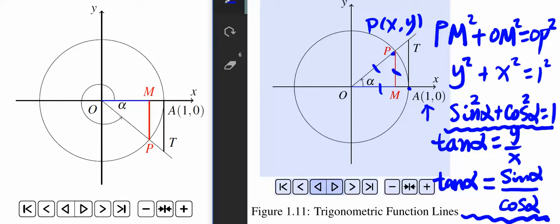Remember, PM is y and OM is x. Previously, we know that when the angle alpha is fixed, the ratio rise over run, PM over OM, is TA over OA, with T this point and A this point.